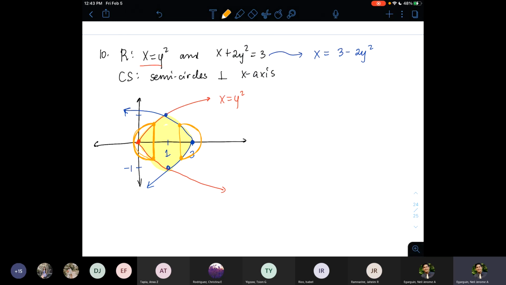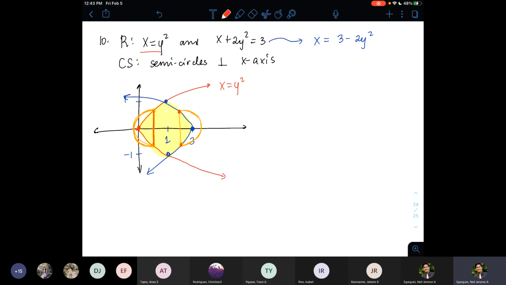In the cross section here, I have the red curve on top and the red curve also at the bottom. Here I have the blue curve on top and the blue curve at the bottom. So that means I need to divide the integral up into two pieces, okay?